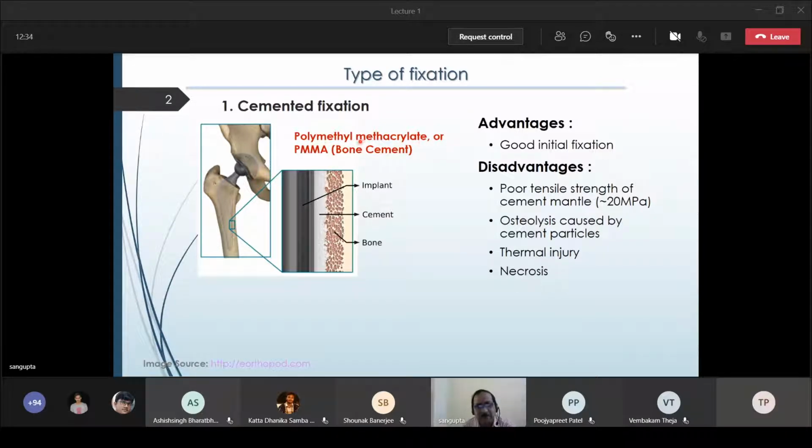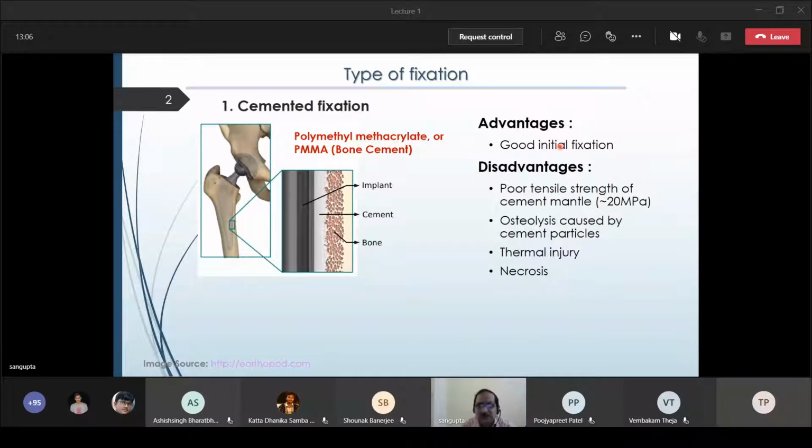The advantage of this type of fixation is very good initial fixation. Within 15 to 20 minutes, maximum half an hour, the cement is cured and the implant is fixed with the bone. However, there are many problems later on associated with cement or the cemented fixation.